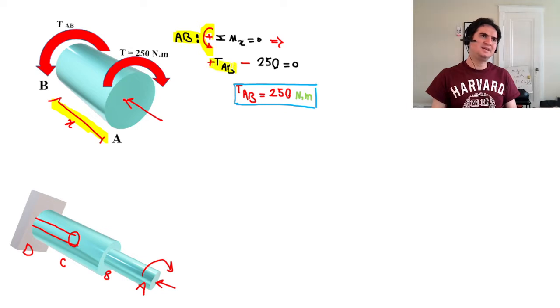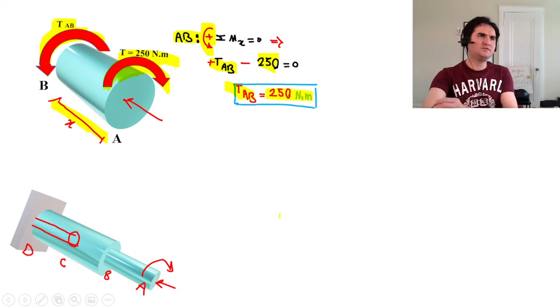In that sense, TAB, which is counterclockwise torsional torque, minus 250, which is applied in the problem statement, and the direction of that torque is clockwise, so that's negative with respect to our positive direction, and that gives you TAB equal to 250 Newton meters.